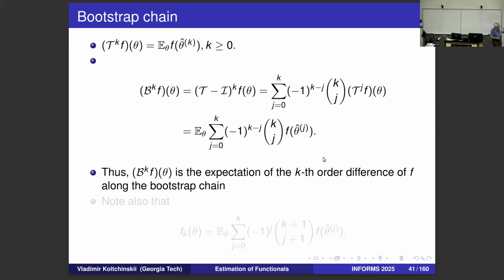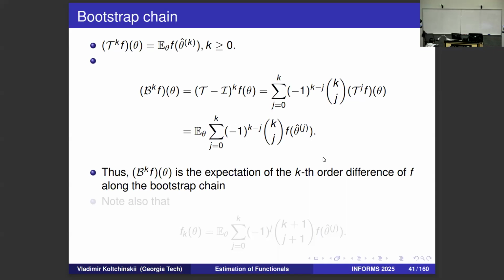And this expression that we have here is nothing but the k-th order difference of our function f computed along the bootstrap chain, right? So we compute that function exactly.